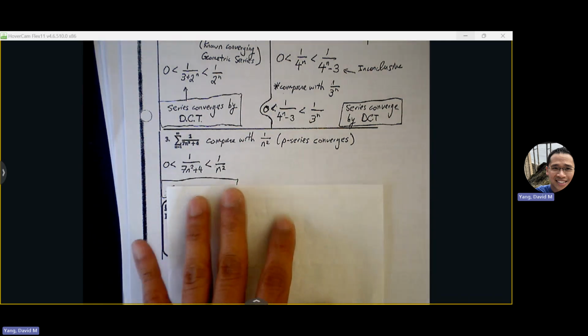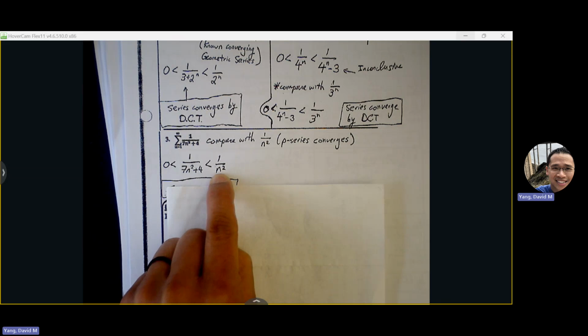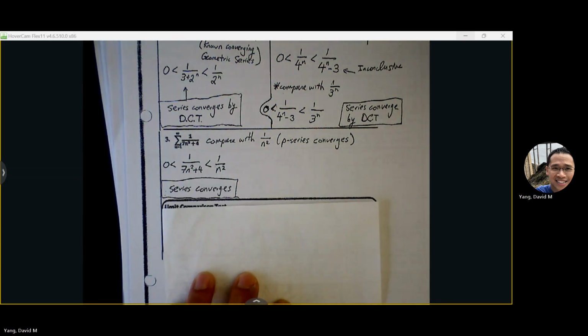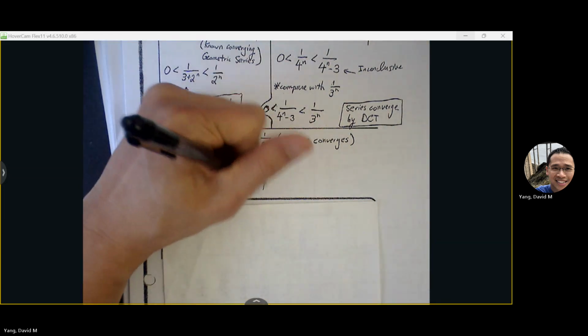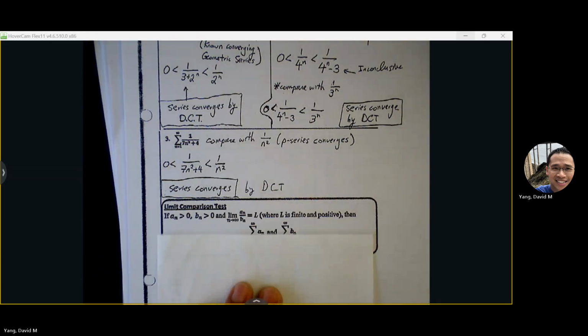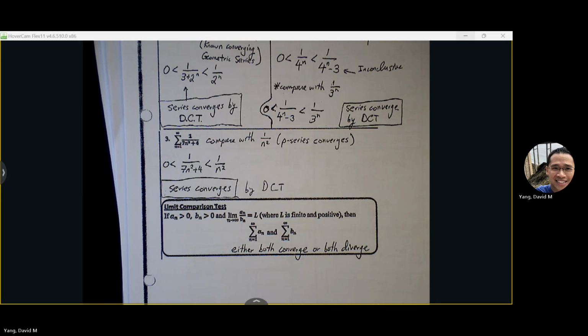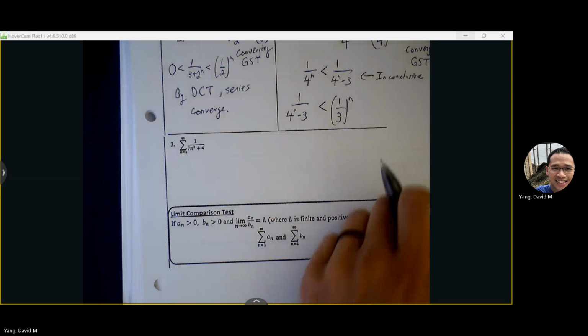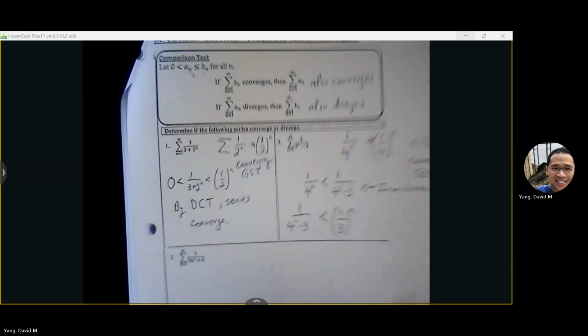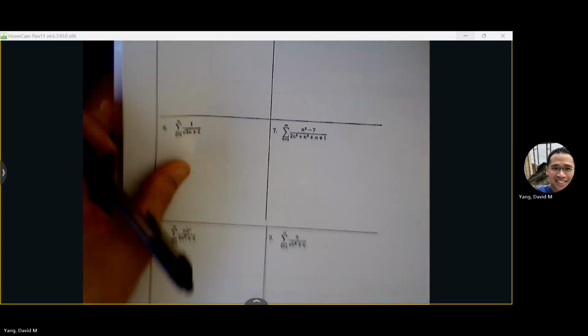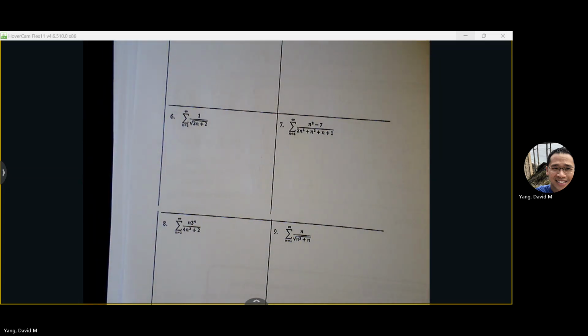So that's a pretty strong argument that if my larger series converges, then anything smaller will also converge as well. Any questions with that?